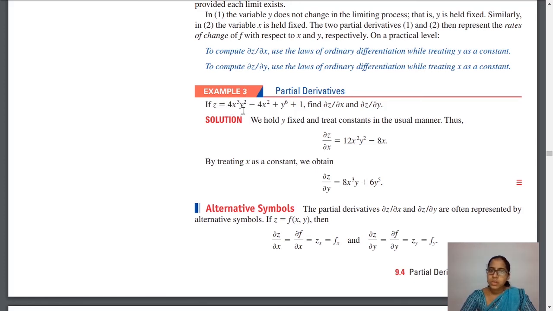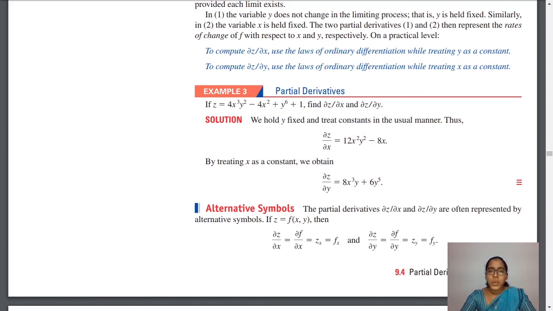Remember that y square is a constant. The derivative of x cube will be 3x square, so it will be 12x square y square. And here it is 4x square, that is minus 8x, and y raised to 6. Y is a constant, so the derivative of the constant is 0. This is also 0. So dou z by dou x is 12x square y square minus 8x.